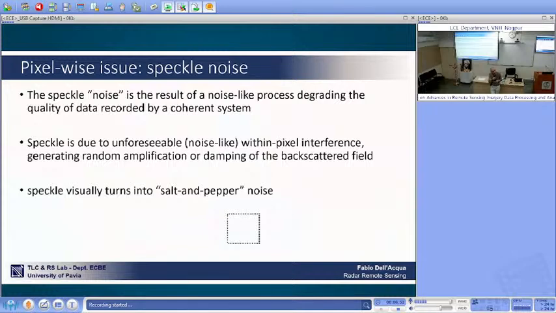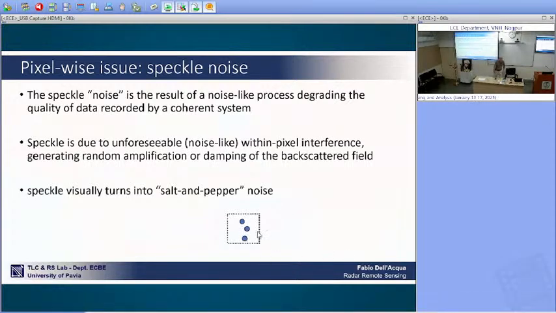I have one wave. Why does that change the game? That changes the game because if you think of a radar pixel, especially if we have a rough surface, like the vegetated area that we saw before, we have many points where backscattering may take place.